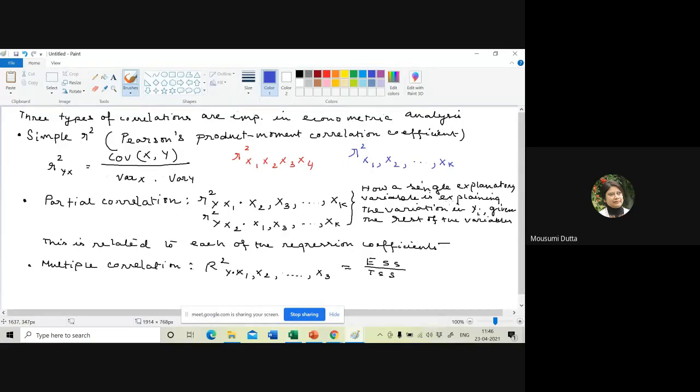Partial correlation measures the correlation between y, that is the study variable, and one of the explanatory variables, given the rest.